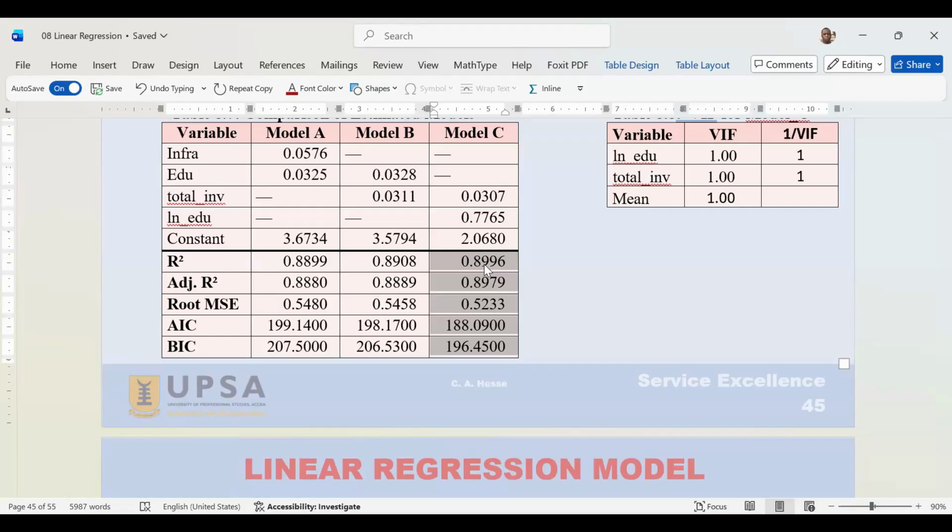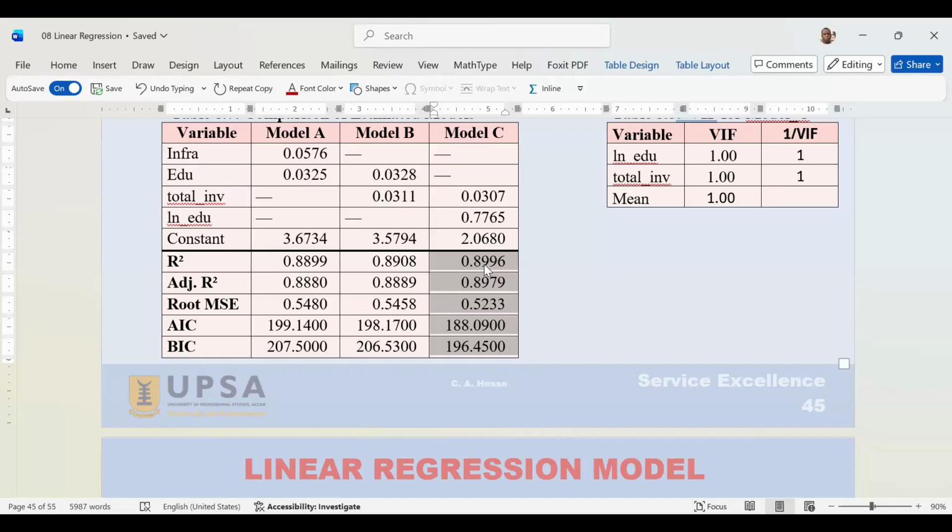That's one of the confusions. But when it happens that way, I depend only on the AIC and the BIC, because that is an advanced way of checking the fitness of a model.